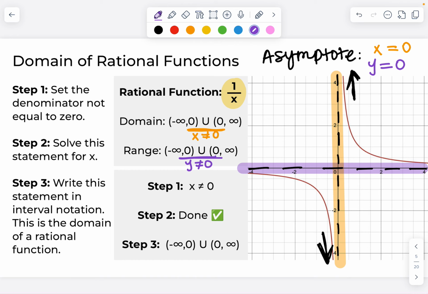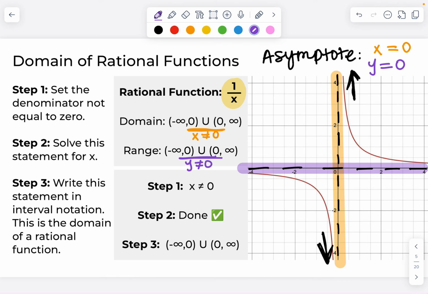So we're going to specifically look at examples of rational functions, and we're going to determine the domain from just those equations. One thing you can do when looking at the equation is take the denominator and set it not equal to 0.